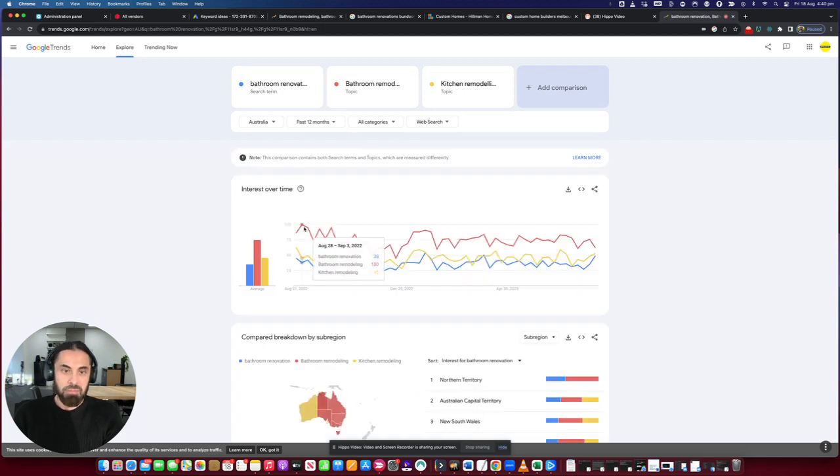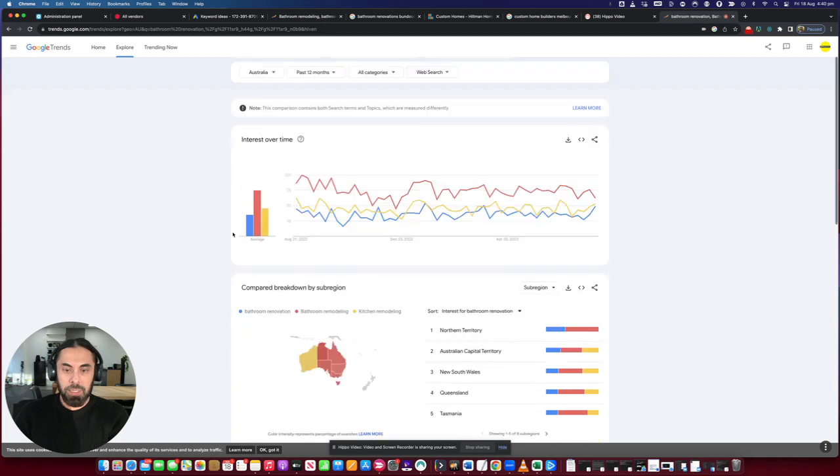Where were they, say, August, September last year? Bathroom was at 100%. Kitchens were at 45. So let's go back to today. Around this time, bathrooms 36, remodeling's 82, and kitchens 52. So there's a slight variation, but nothing to be alarmed about.